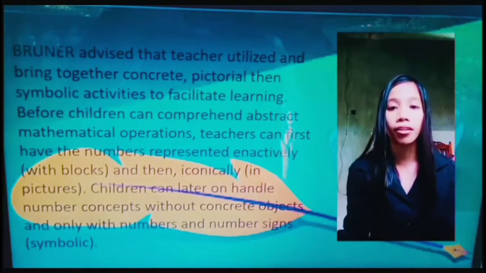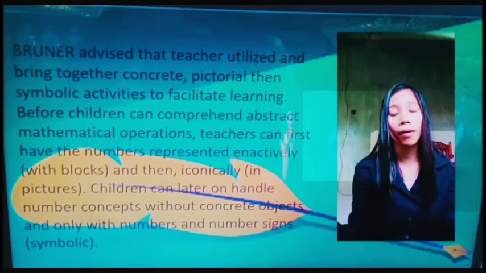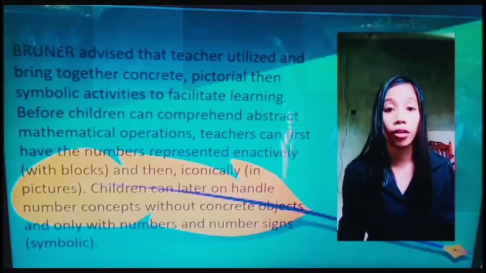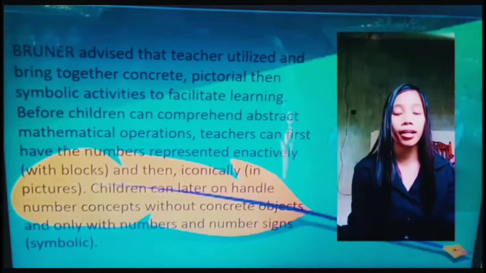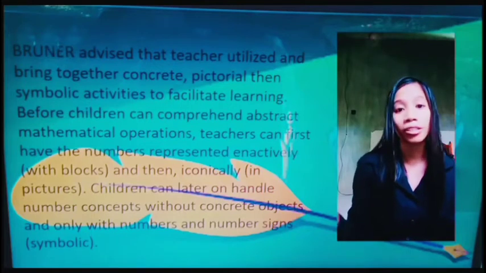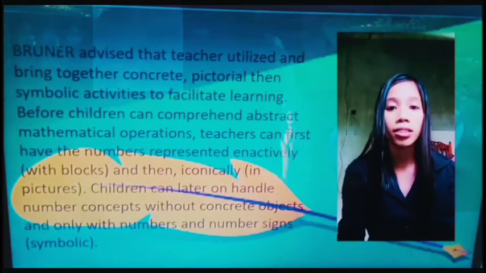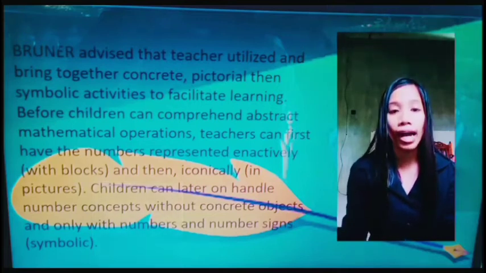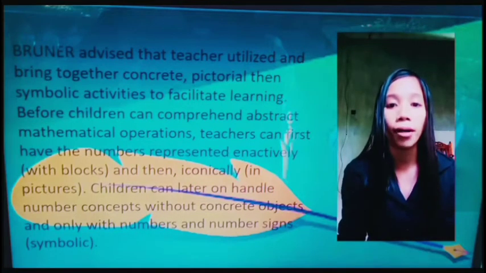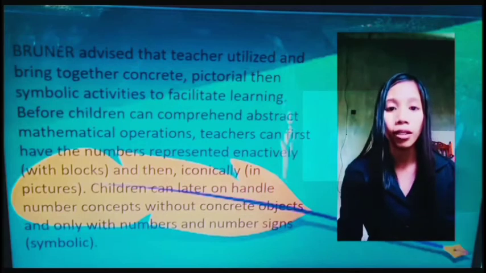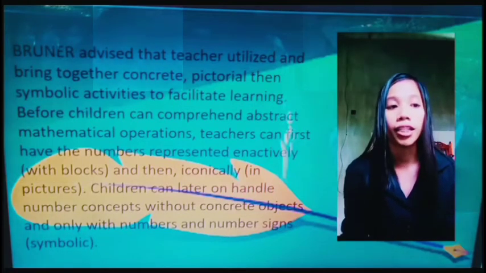Tulad na lang ng mga numbers, ang guro muna ang magpapakita nun sa mga bata para maunawaan nila. Ang iconically naman ay ipapakita ng guro with picture yung mga numbers na binigay niya nung sa enactively para mas maunawaan at mas matandaan ng mga bata kung anong numbers ba yun, 1, 2, 3, etc.